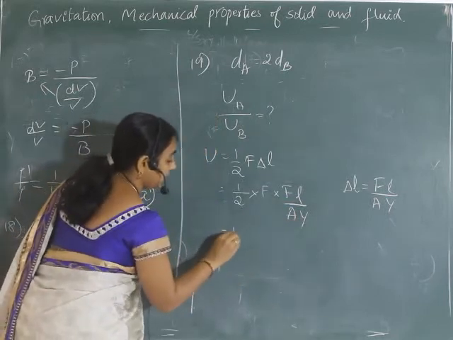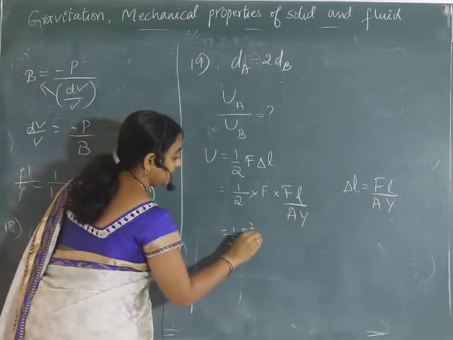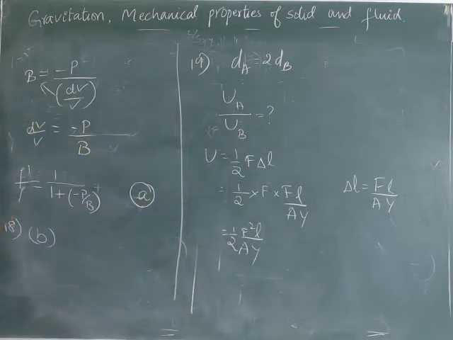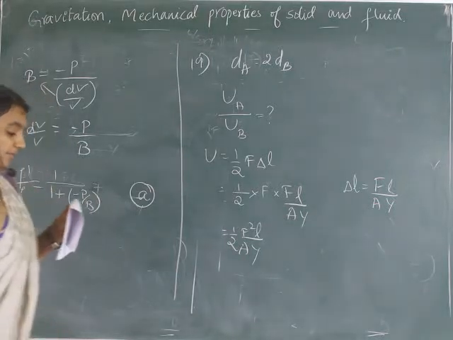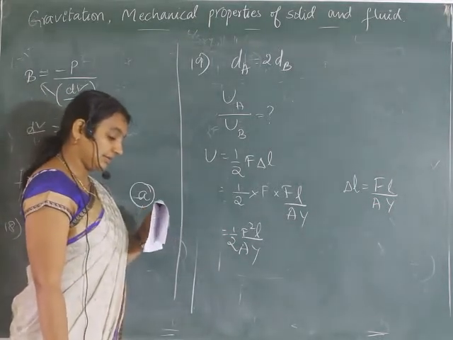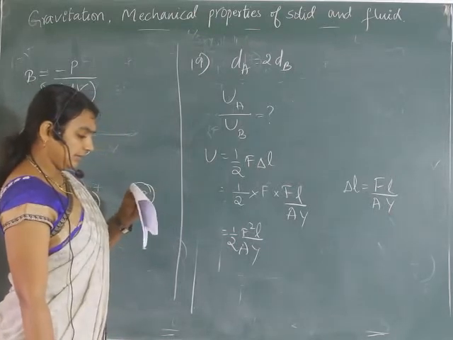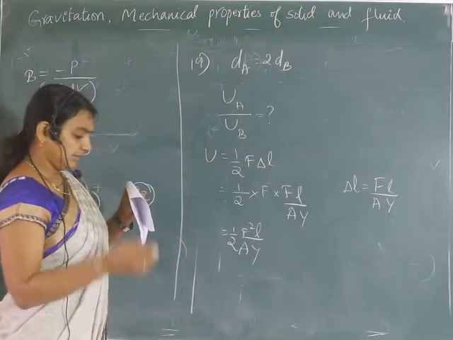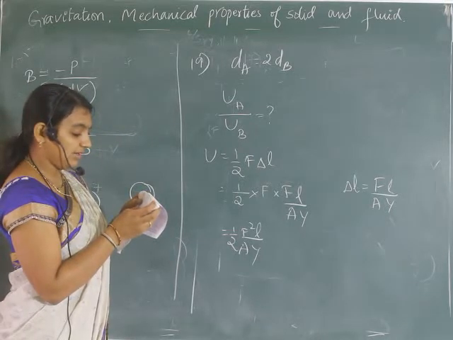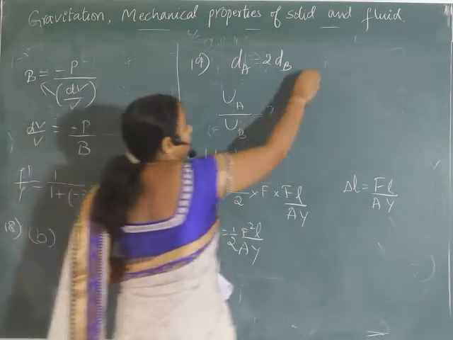So U is half F square L by AY. We have the same material, so Y is the same, and the same tension means the force is the same. A has twice the diameter and thrice the length, sorry.